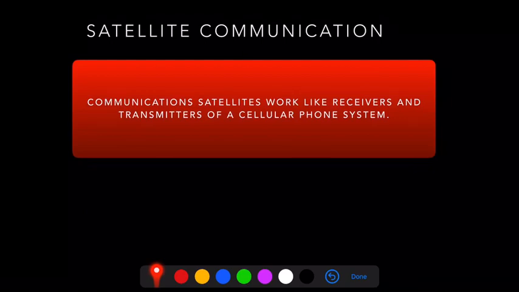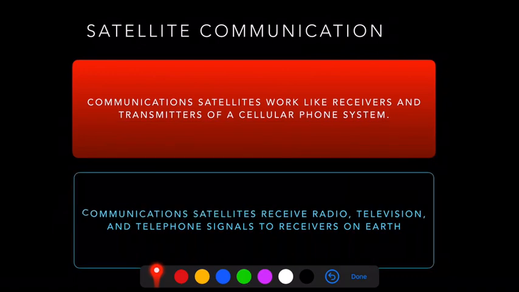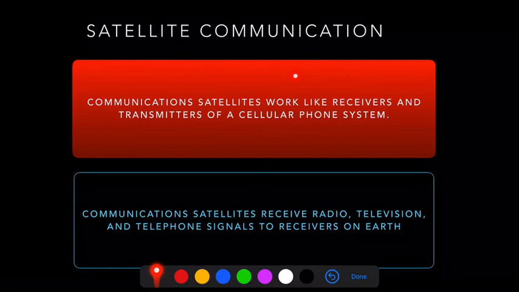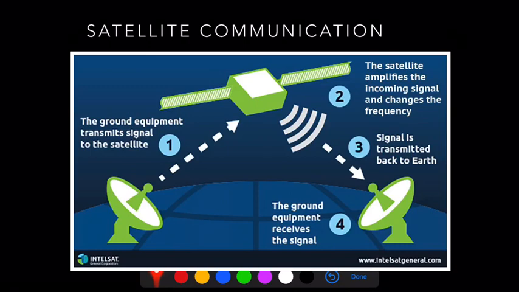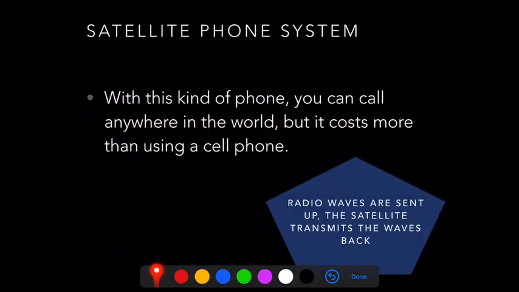And then talking about satellite communication, satellites work like receivers and transmitters of a cellular phone system. Okay, outside of the Earth, there are satellites, and the waves bounce back and forth to all parts of the world so that you can communicate. Communication satellites receive radio, television, and telephone signals to receivers on Earth.